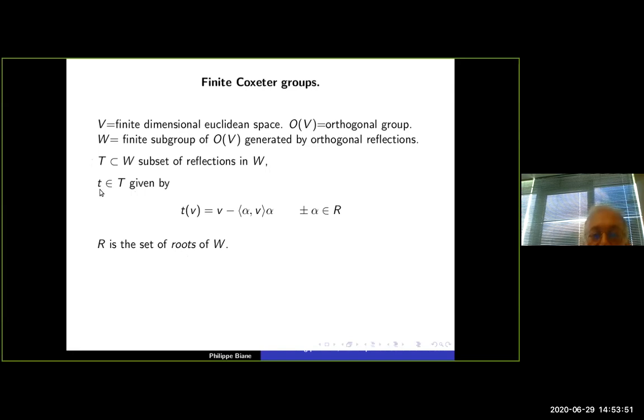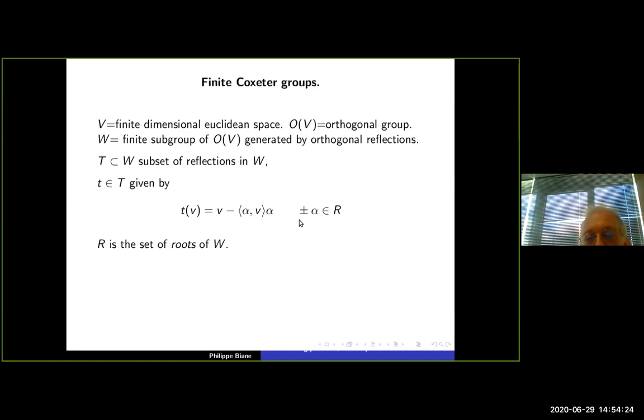Then a reflection t in this set T is given by a formula like this: t(v) = v minus the dot product of alpha with v times alpha. There is some vector alpha, which is the direction of the reflection, and the orthogonal of alpha is a hyperplane, the hyperplane of fixed points of the reflection. In this formula you could use either alpha or minus alpha, it gives the same formula.